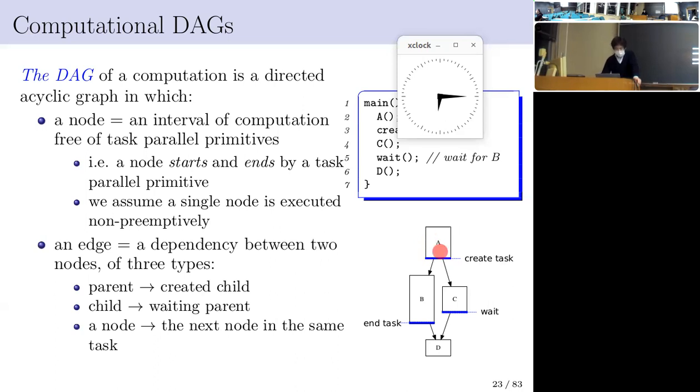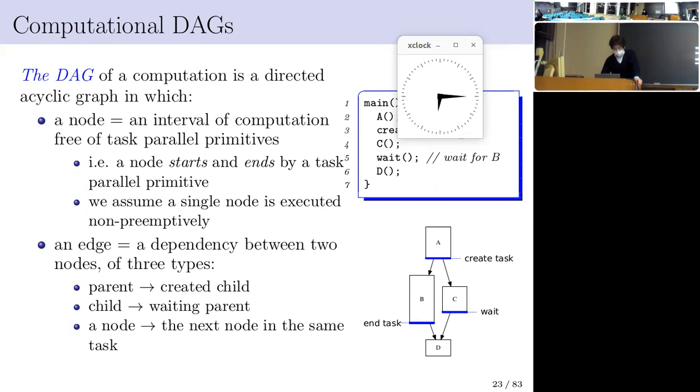In the case of task parallel programs we are talking about, the dependency results in one of the following three ways. One is that there's a parent and a created child.